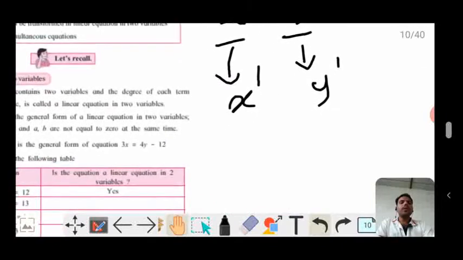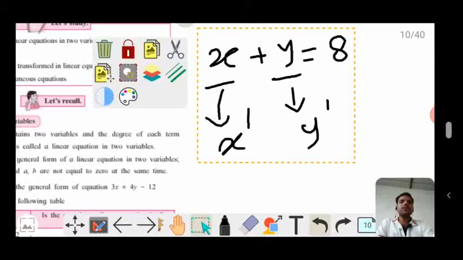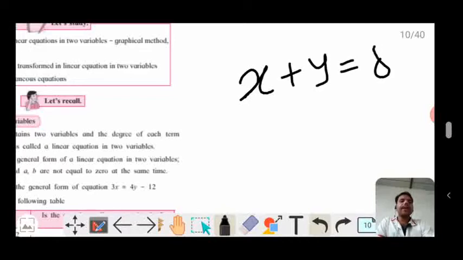If we write the equation as x plus y is equal to 8, then how can we write the general form of this linear equation in two variables?